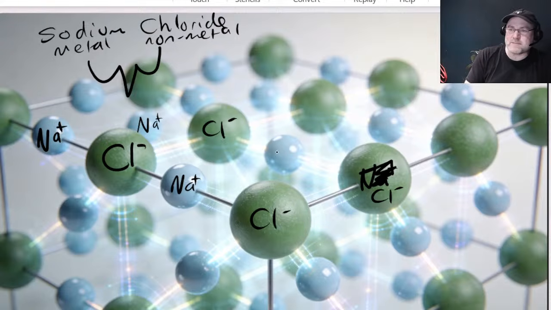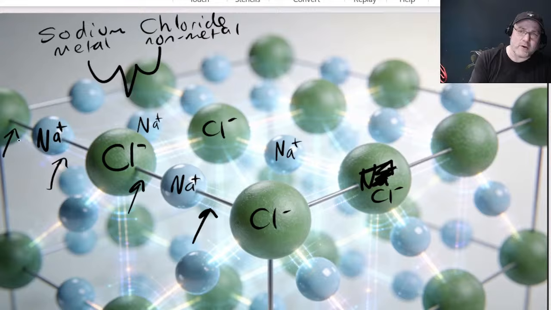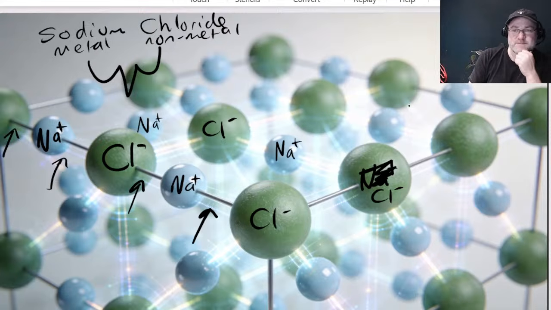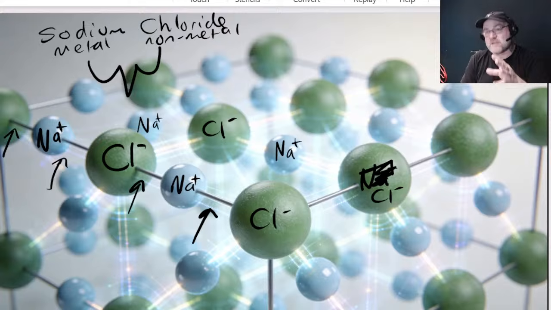Now, what does this mean? This means if I want to melt a crystal of salt, of sodium chloride, I have to break every single one of these strong ionic bonds, and that is going to require tons of energy. So what we need to know about giant ionic substances is that they have a giant structure with lots of strong ionic bonds that require lots of energy to break.